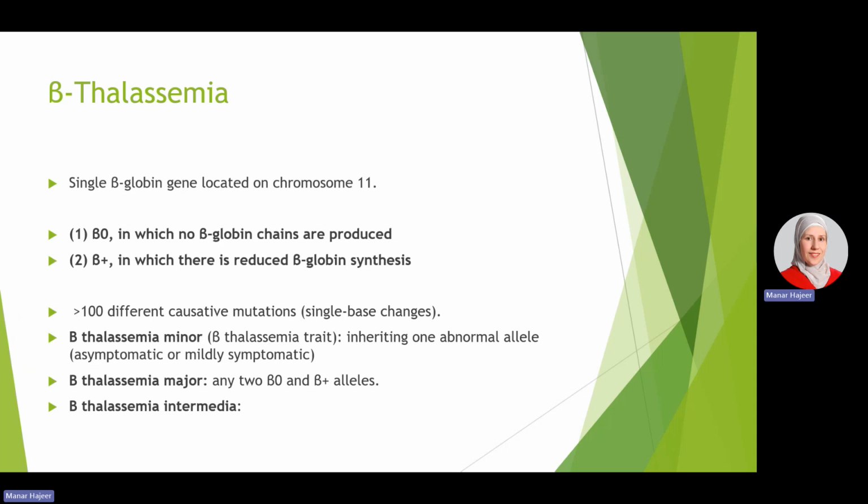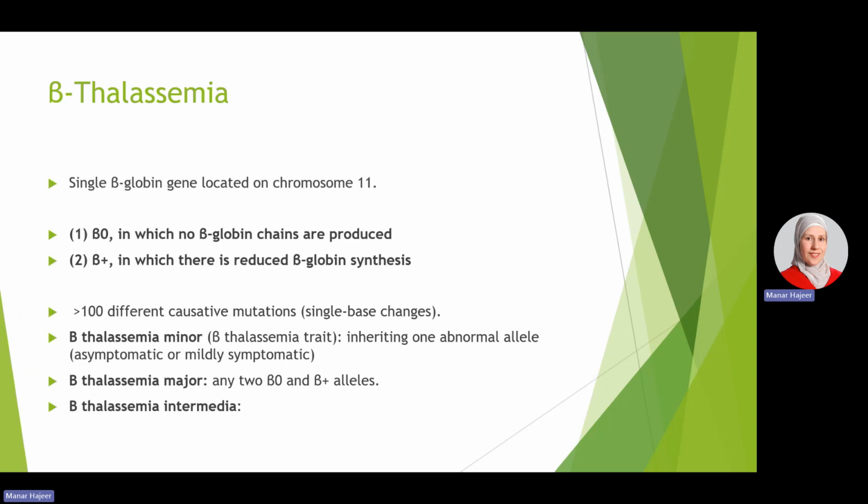Beta thalassemia minor, beta thalassemia major, and beta thalassemia intermediate, which is an intermediate stage between the two. The beta thalassemia minor, or the beta thalassemia trait or the carrier state, those patients inherit one abnormal allele of the beta globin, and the other allele will be normal. So these patients are either asymptomatic or mildly symptomatic.